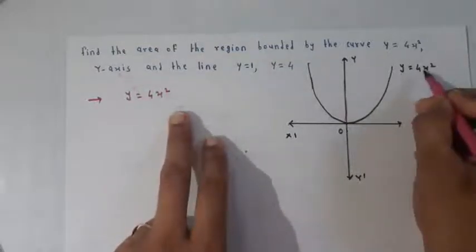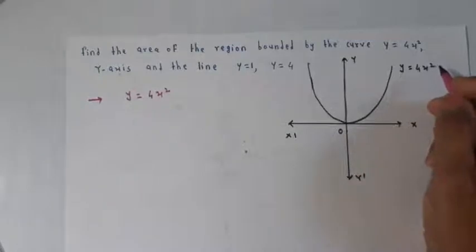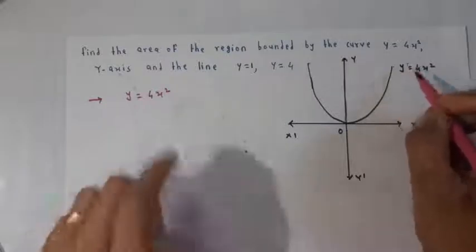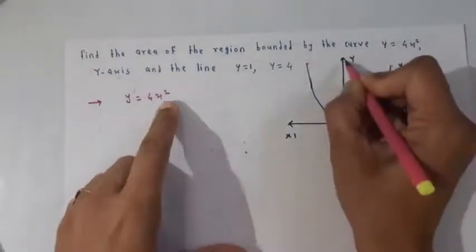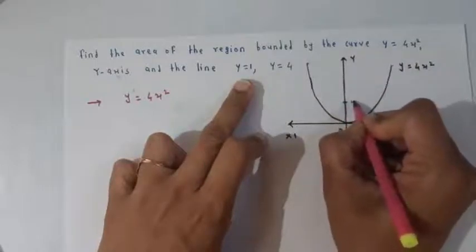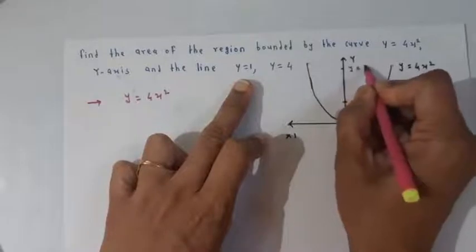Okay, so y equal to 4x square, and now we have to find out the area of the region bounded by this parabola, then the y-axis, this is the y-axis, and the line y equal to 1. Suppose y equal to 1 and y equal to 4.